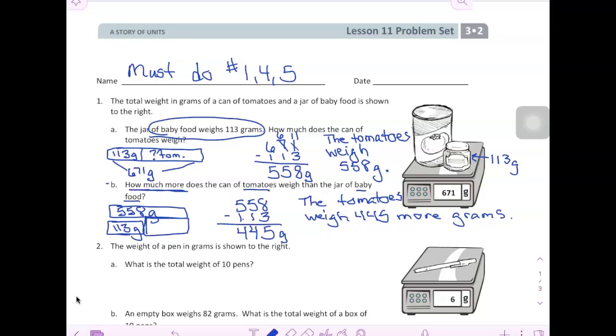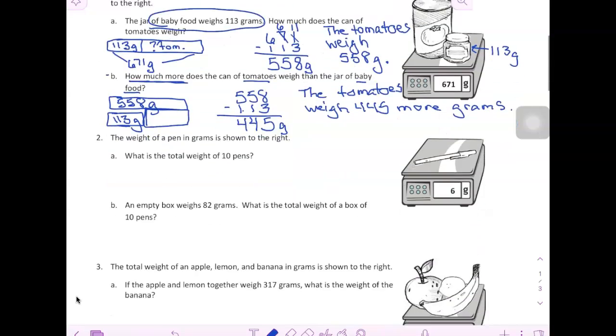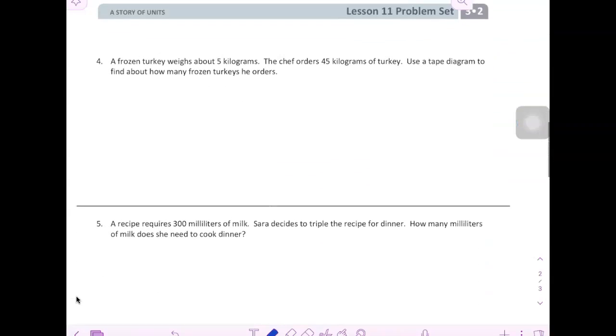Now, I'm going to skip down to question number 4, and if we have time, I'll come back and do some of these other problems. But let's go down to question number 4, and let's read it together. A frozen turkey, just in time for Thanksgiving. A frozen turkey weighs about 5 kilograms. The chef orders 45 kilograms of turkey.